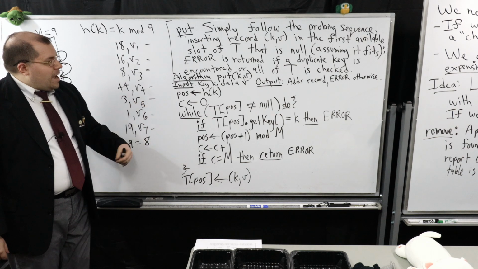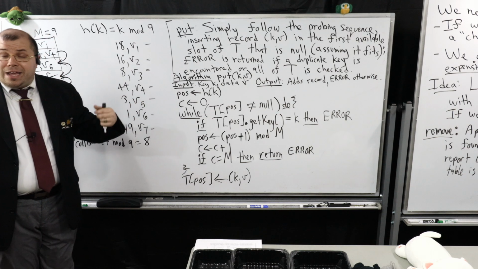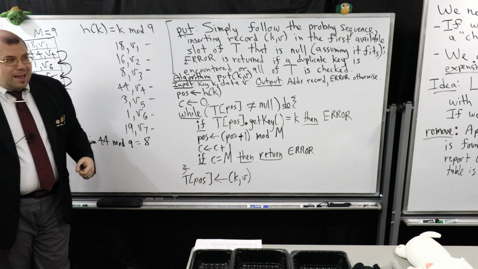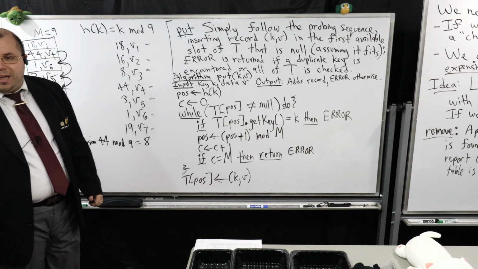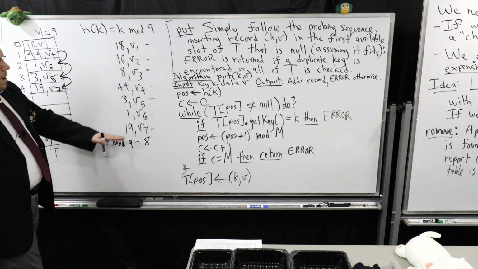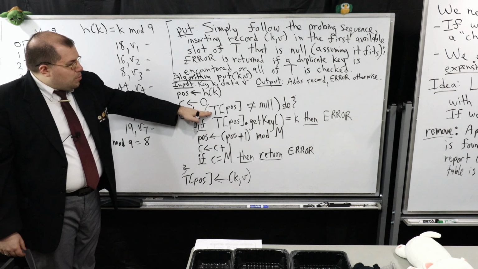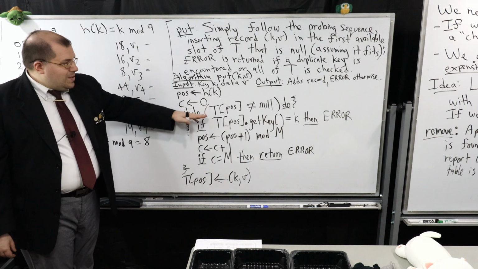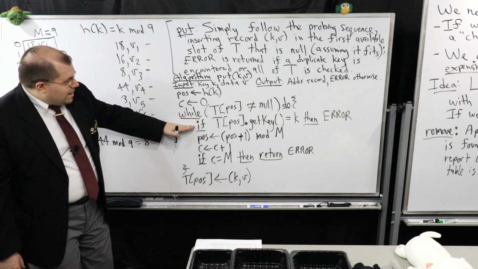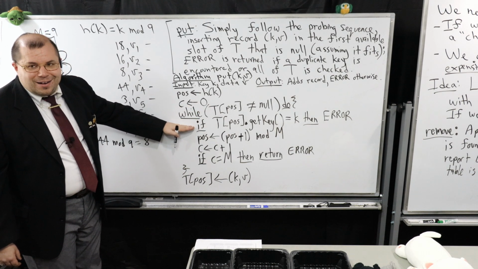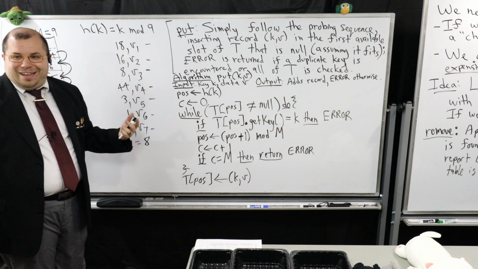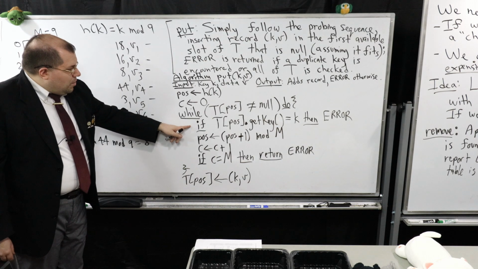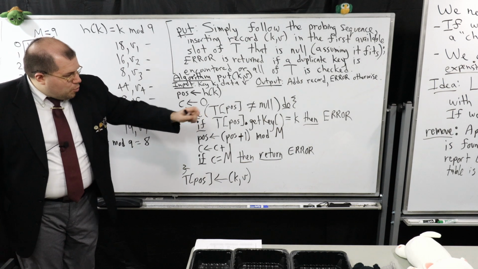Every time I examine a position, I increment this counter, and if it equals m, then I must have looked through the entire table. So I have a while loop, and I keep looking for a spot that is equal to null. If it's not null, then I check if it's a duplicate, right? Like I said, I might hop right by the duplicate key if it happens. If that happens, then I'm just going to report an error.